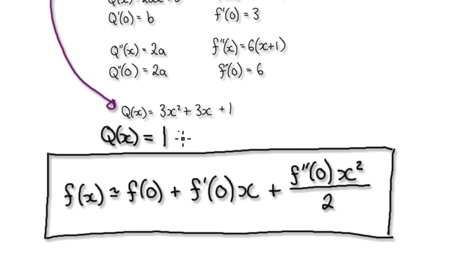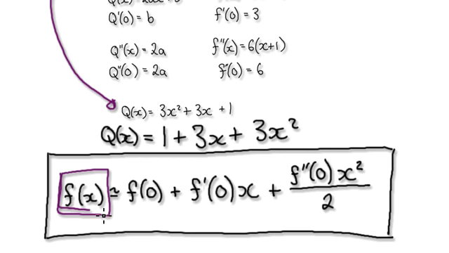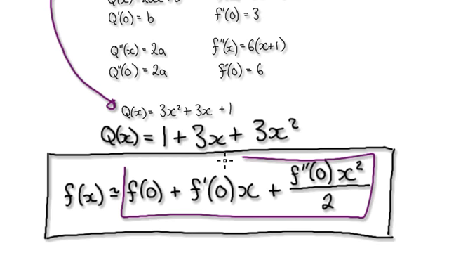I'm going to put the 1 first, plus this term 3x, and then plus 3x squared. Okay, so looking at this here, when given any function here, our quadratic approximation will be given by this here.